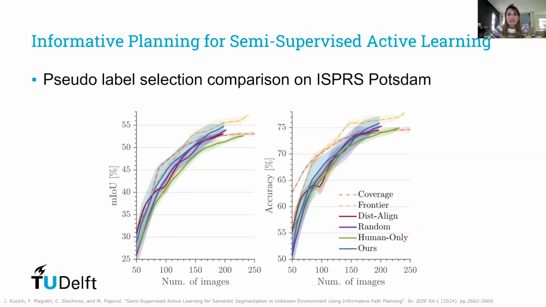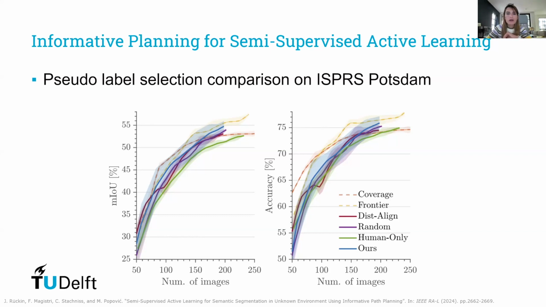So we study what happens when we vary the pseudo-label diversity. We also consider random pixel selection, and we also consider this line in dark red, which redistributes the pseudo-label class distribution to the true class distribution. This is an interesting approach we found from the literature.